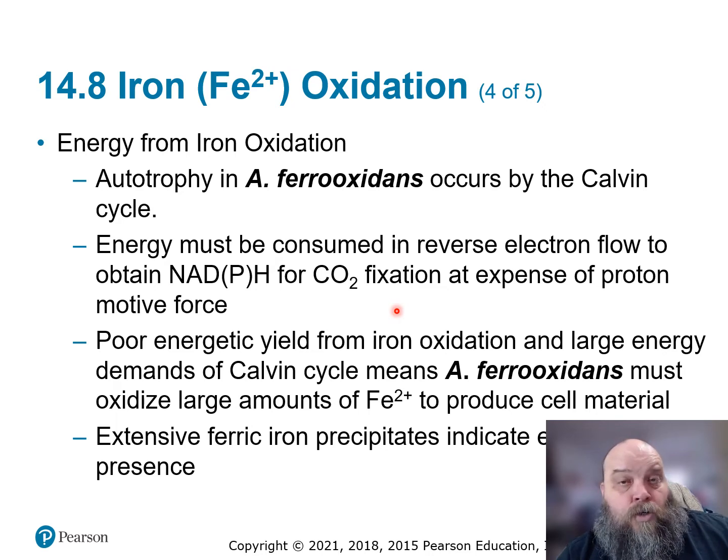Those G3Ps can be joined together via gluconeogenesis or a version of it to make carbohydrates, which can be utilized as energy or for peptidoglycan, whatever. Or G3P can be modified to become acetyl-CoA.